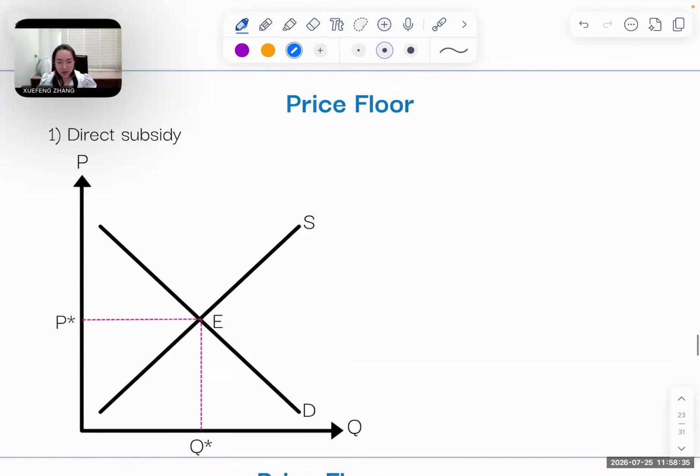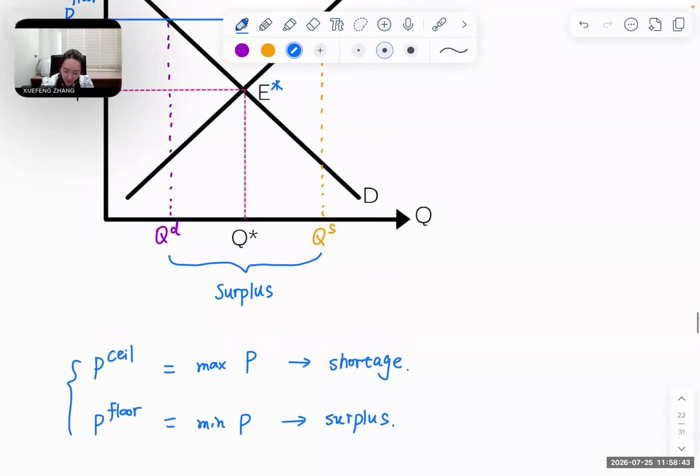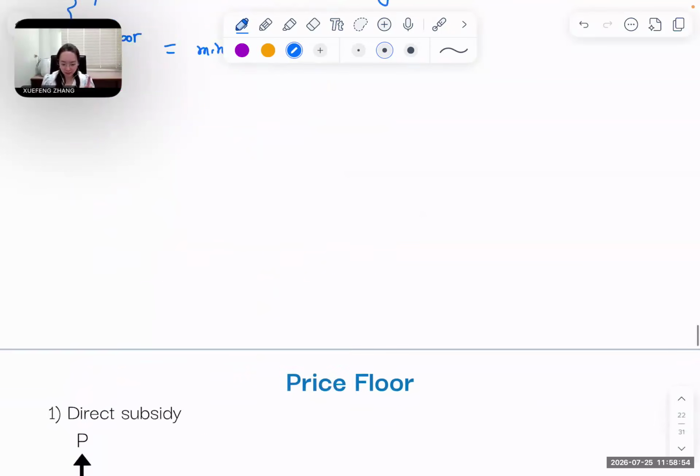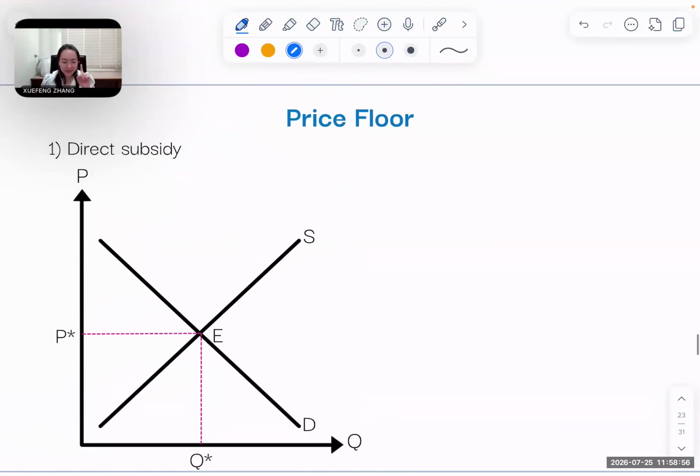next one. So we just established that a price floor above the equilibrium creates surplus, but government still wants farmers earning that higher price. And there are two ways to make it work. The first one is direct subsidy. What does it mean?